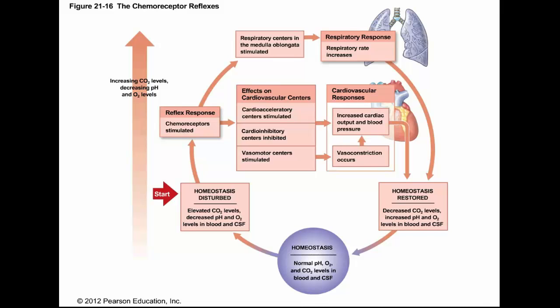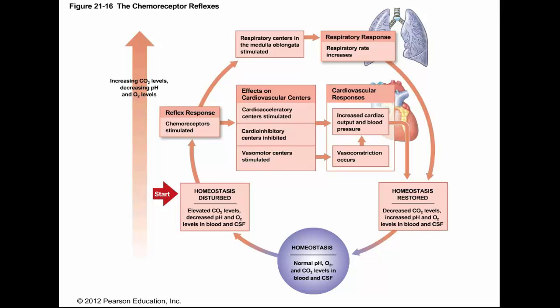This all restores homeostasis by decreasing the carbon dioxide level, because as the person breathes faster, they exhale more carbon dioxide, which causes a rise in the pH, so it makes it more alkaline.